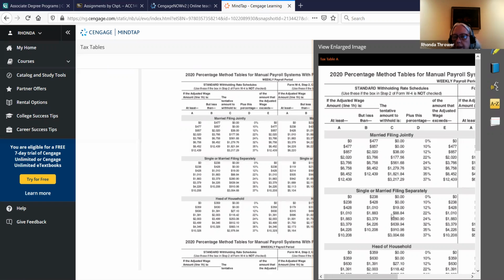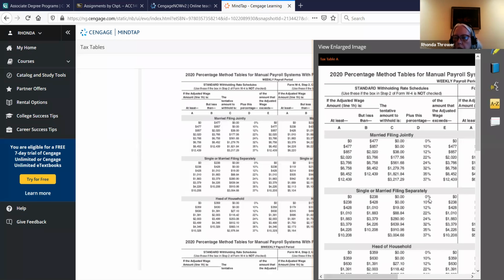The next column has to do with the tentative amount of tax that they've already calculated for you. The tables have already calculated the amount up to $1,010, and they gave you this amount. That's not all of the federal income tax. You've got to figure out the amount of tax that would be taxed at the 22% tax rate.